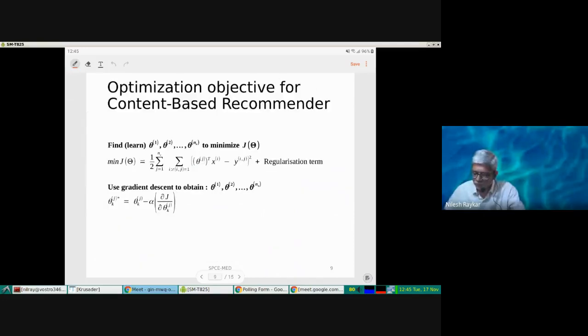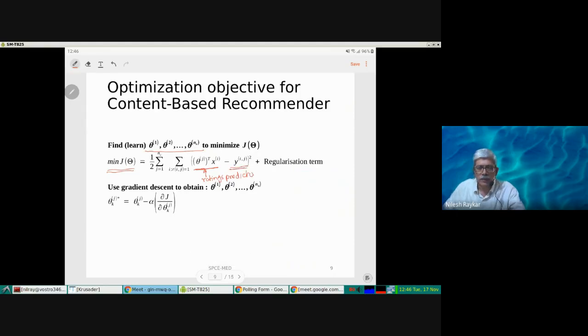Okay, before we come to the example, let me cover the error term. In order to find the unknowns, that is the thetas, we define the error function. We are minimizing the error, which is J(theta), given in terms of all the predicted values. These are nothing but the predicted ratings, minus the actual ratings, the whole squared.